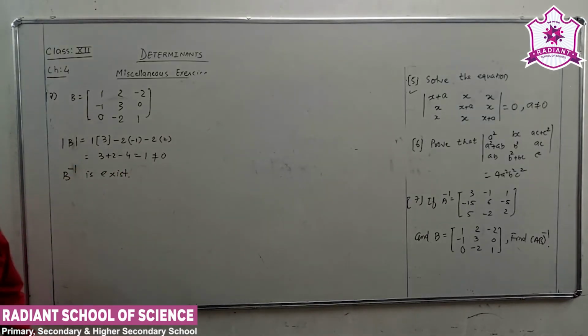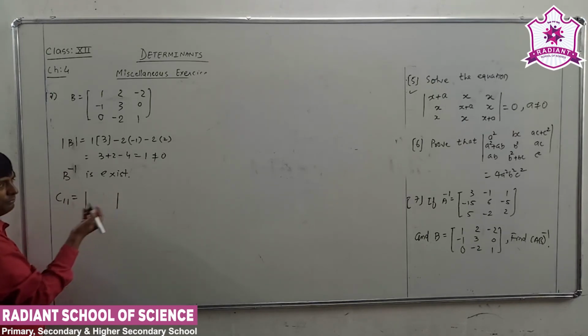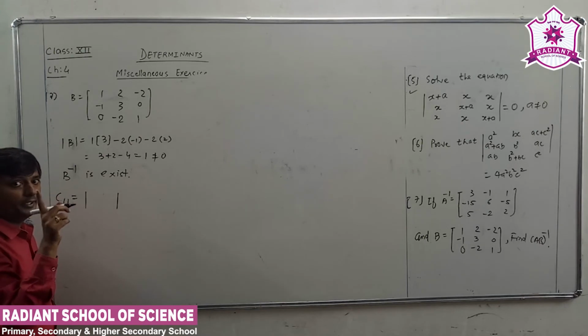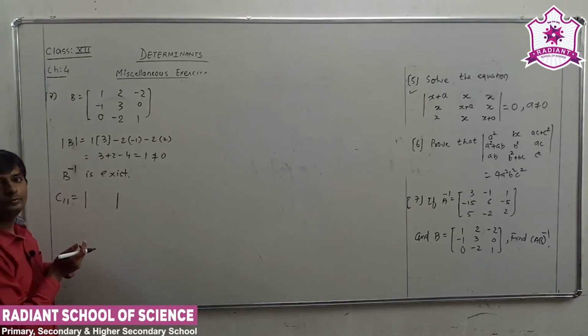Now we need the cofactors. So first we need C11, the cofactor of A11. Here it is positive, since minus 1 to the power 1 plus 1.